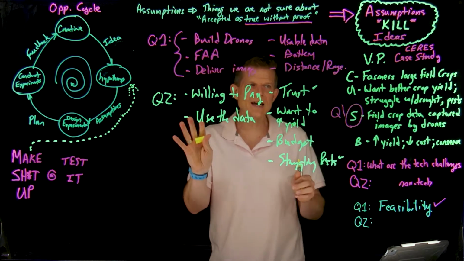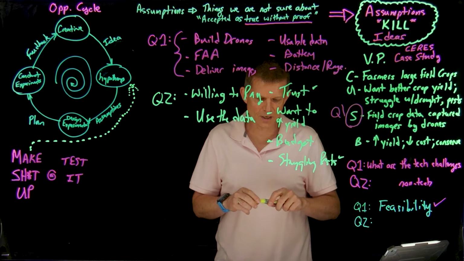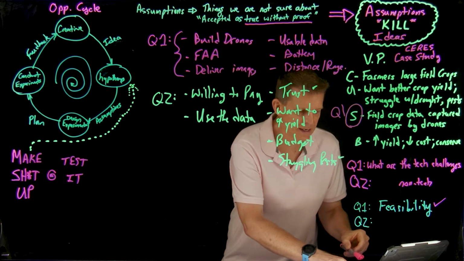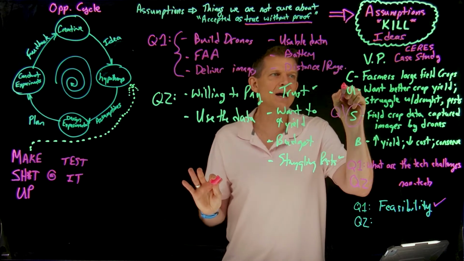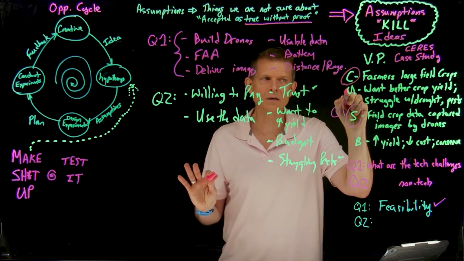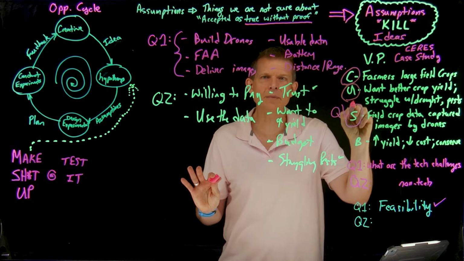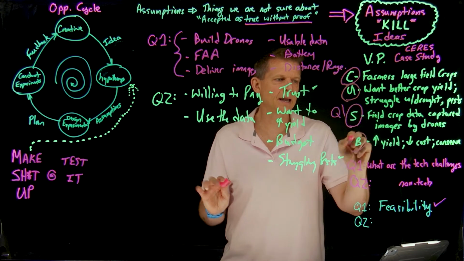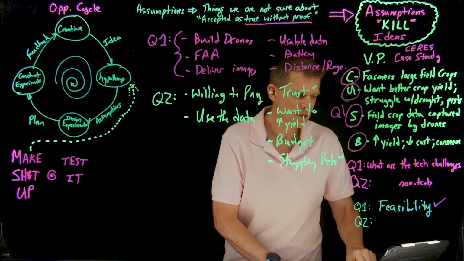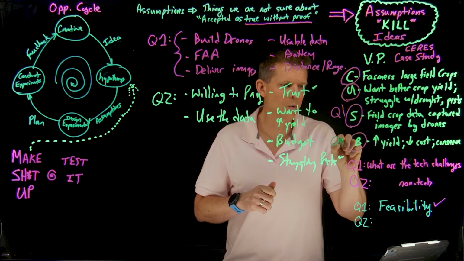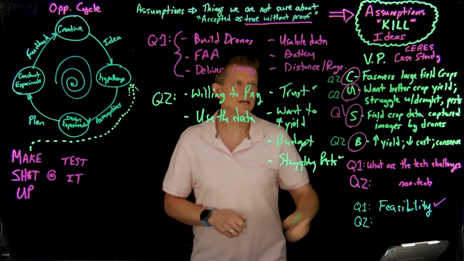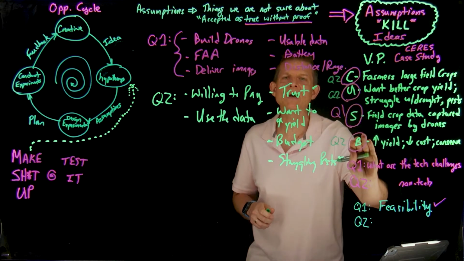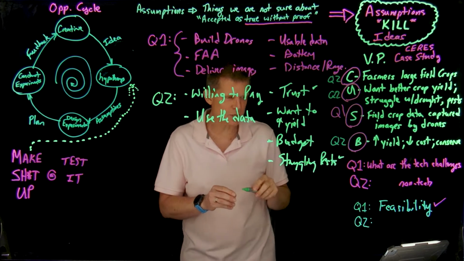And what we find out when we answer question number 2 is that we are finding the assumptions behind the customer, the unmet need, and the benefit. So these are question number 2 gives us assumptions in the customer unmet need benefit section of our value proposition.